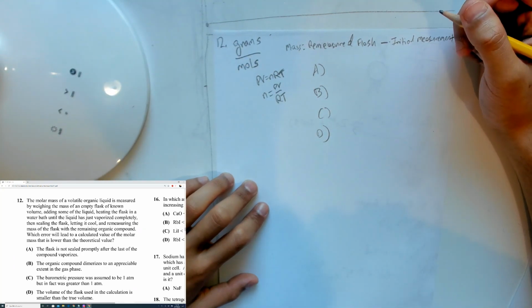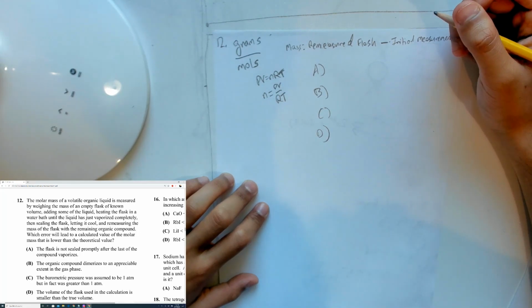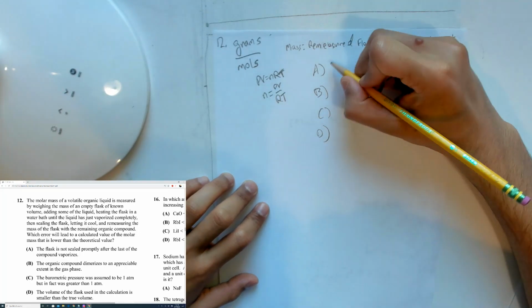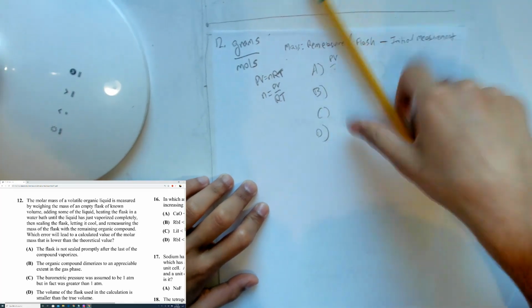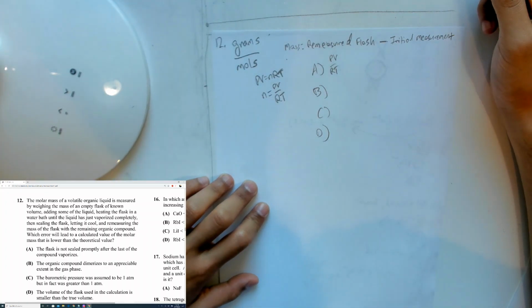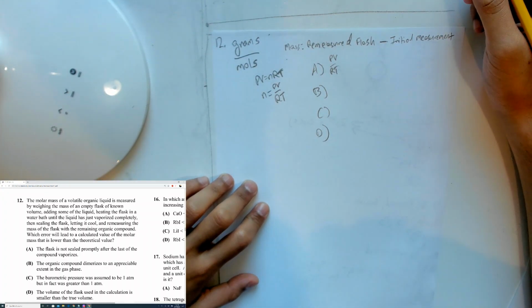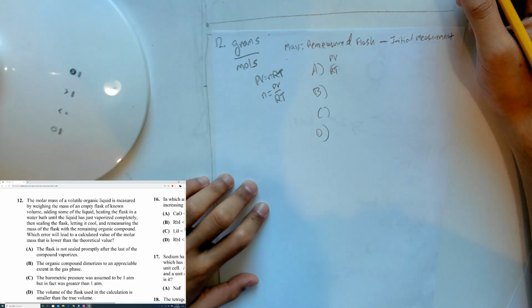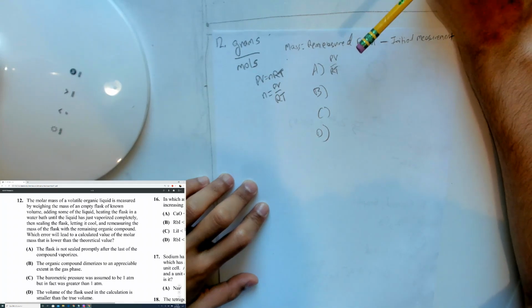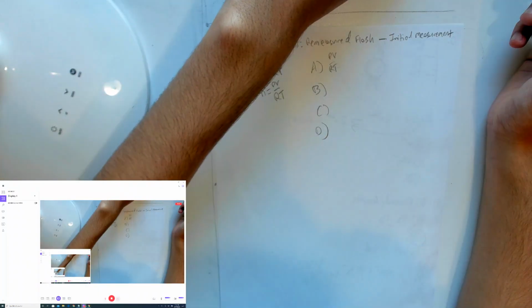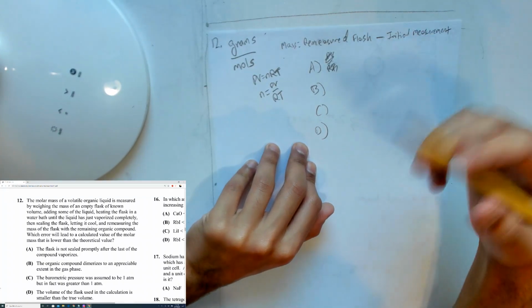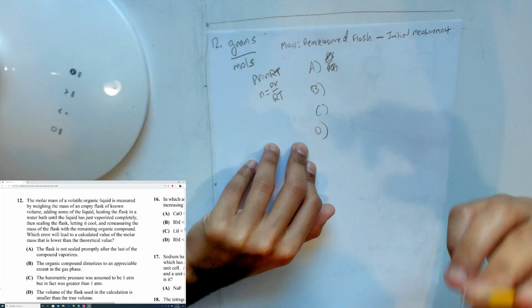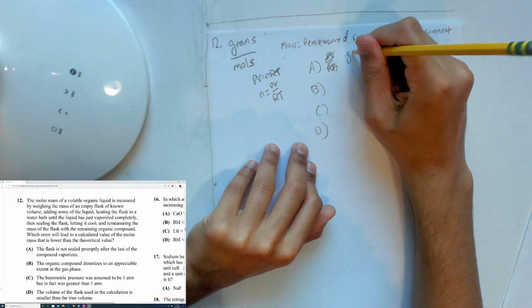So the flask is not sealed completely after the last of the compound vaporizes. Okay, I think this could work. Because if you fail to seal the flask, the measured amount of grams will go down.